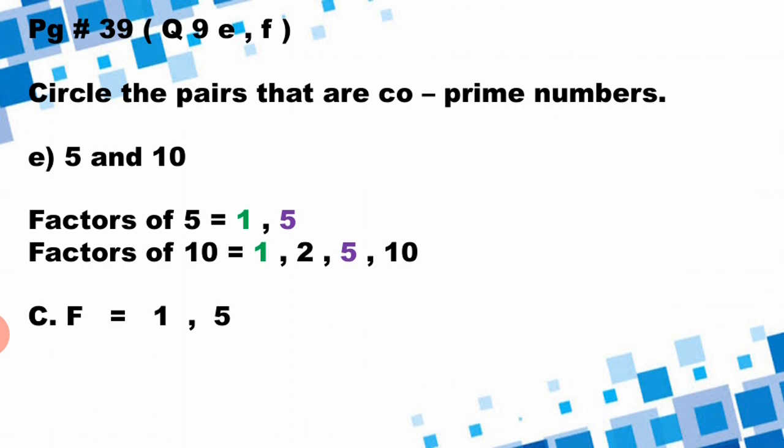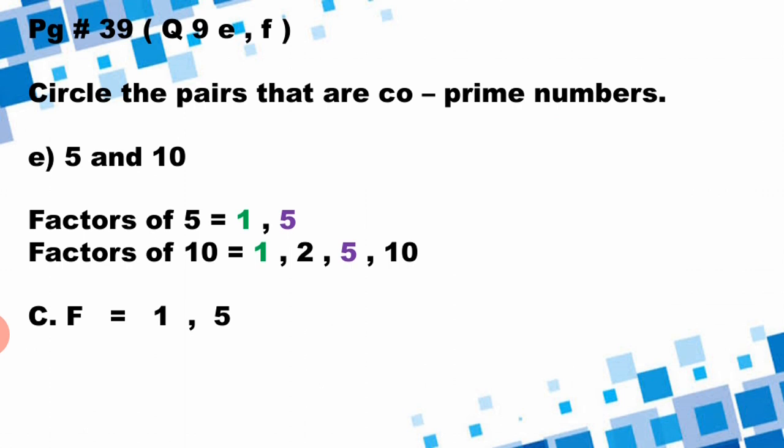So here we have part E and F, and I am going to solve part E, which is 5 and 10. First we have to write the factors of 5 and 10. The factors of 5 are 1 and 5, and the factors of 10 are 1, 2, 5 and 10.